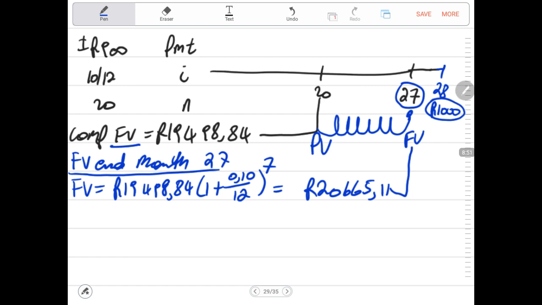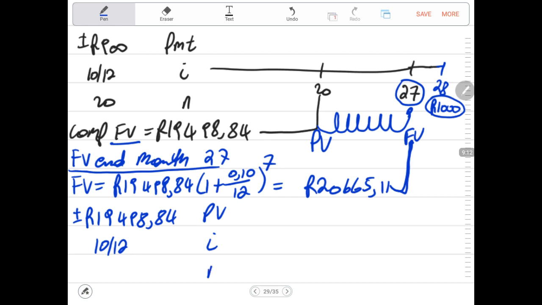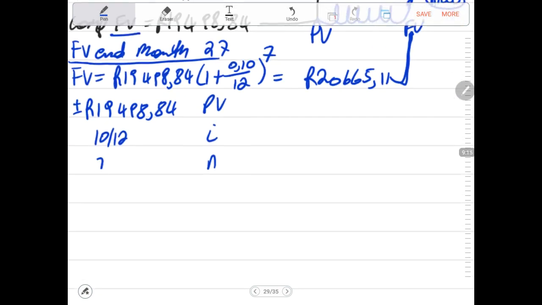This is the future value at this point in time, which we could have done with plus minus in a calculator. 19,498 rand 84 cents is our present value, interest is 10 divided by 12, and our n is equal to 27 minus 20, meaning up to month 27 from month 21, excluding month 20.